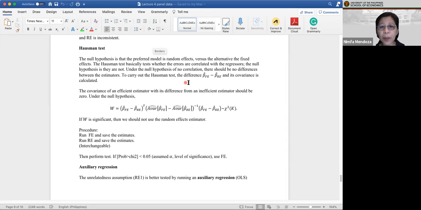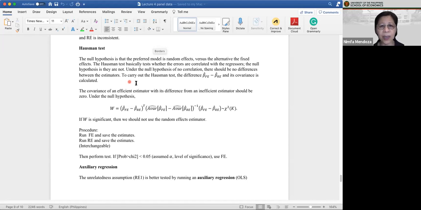Under the null hypothesis of no correlation, that is, if the null hypothesis is true, there should be no difference between the estimators. Note that in the test of hypothesis, your test statistics are developed under the assumption that the null hypothesis holds. If the null hypothesis holds, then you have a test statistic, and under the null hypothesis it would have some distribution.